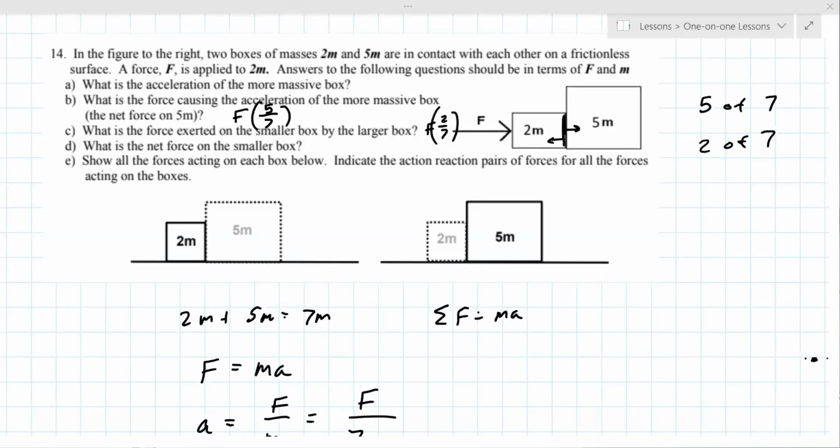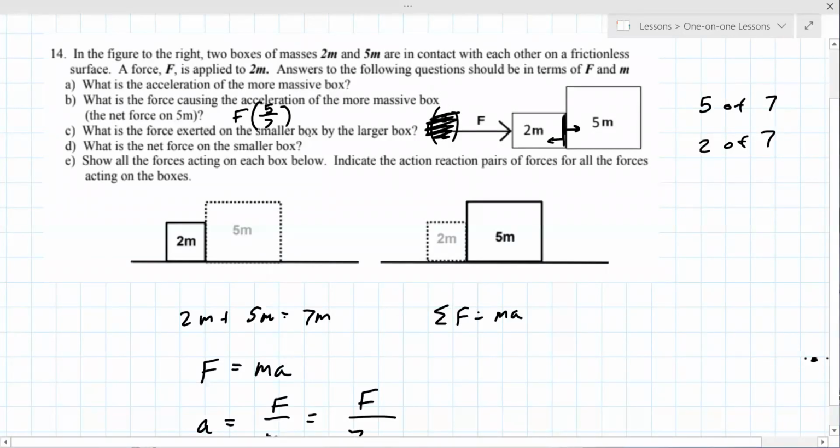We're at what is the force exerted on the smaller box by the larger box? I'm sorry, I put this in the wrong place. So the force causing acceleration of the more massive box is this.